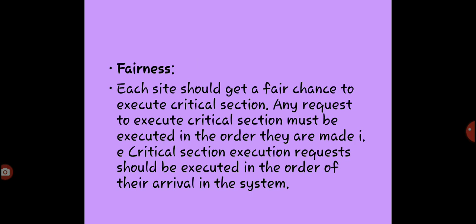If a fifth process gets the resource before the four processes already waiting, it will be unfair. This unfair supply of resources should not happen in a distributed system. This is the third requirement.